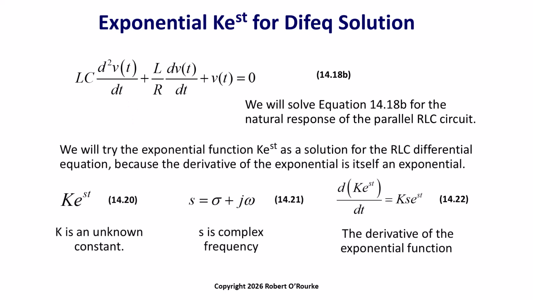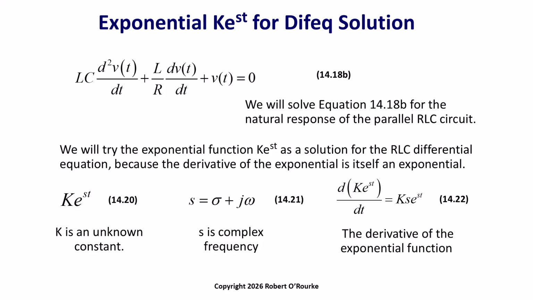The derivative of the exponential function, shown in equation 14.22, includes the exponential function itself. Therefore, the exponential function in equation 14.20 makes a good educated guess for a possible solution to the differential equation 14.18b.